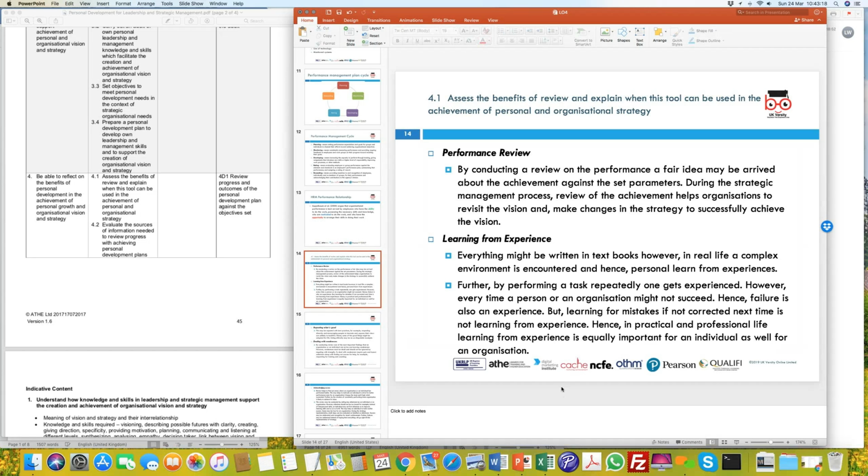In a particular role, going back to the same situation of sales manager, if there are 5 sales managers and one of them has performed exceptionally well, his way of approaching the targets and how he's been able to manage or achieve that would be discussed with other employees within the organization. The idea would be to help the other sales managers learn a different approach which he has applied that has allowed him to be successful. So that is learning from experience.